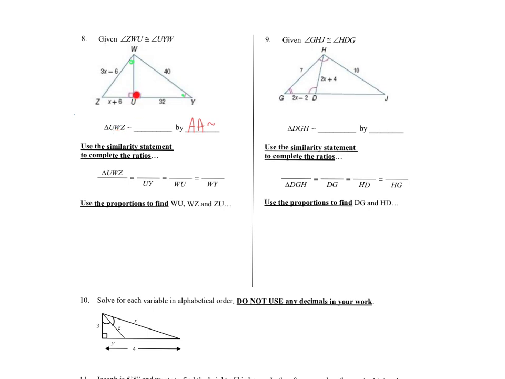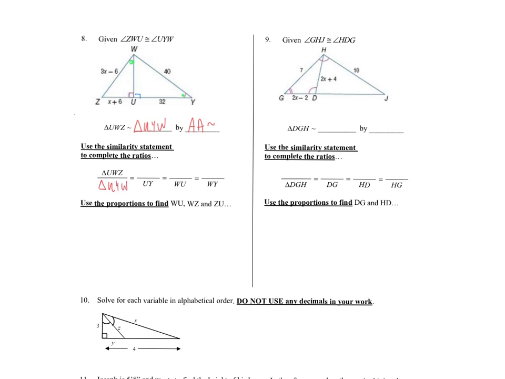So we're going to go from the 90-degree angle U to the green dot, which is Y, and then to the W. So let me go ahead and write that in there, that we are going to be similar to triangle UYW. And I'm going to write that down here as well, triangle UYW.